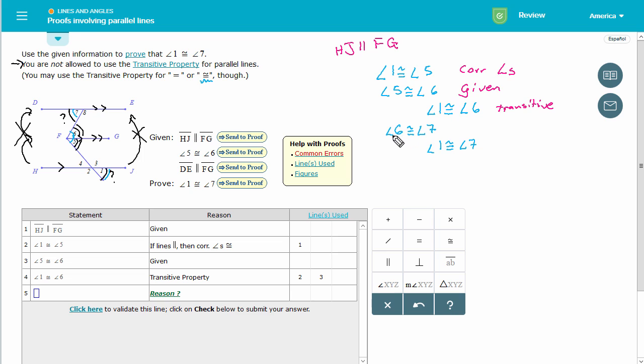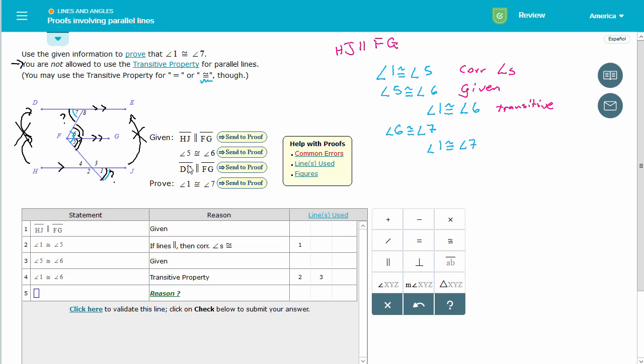Now I just need to get angle 6 congruent to angle 7. Again, those look congruent, and I think what's going on is that other pair of parallel segments, right? DE and FG are parallel. Relative to this transversal, those are alternate interior angles.